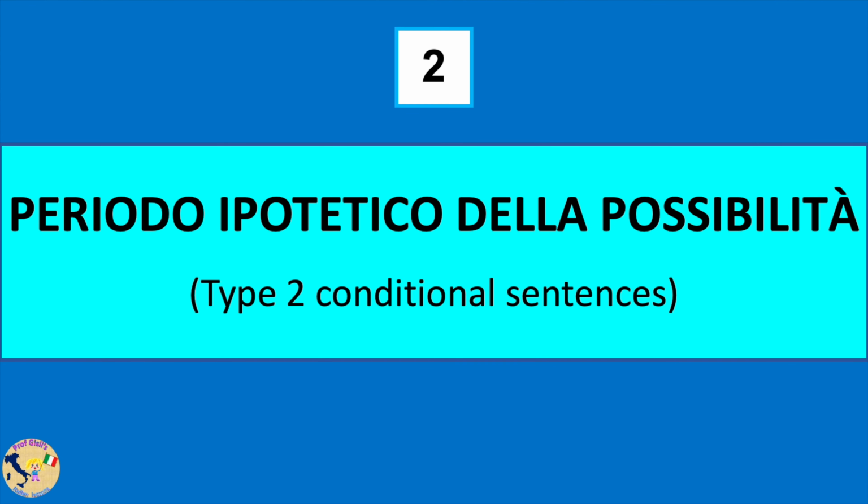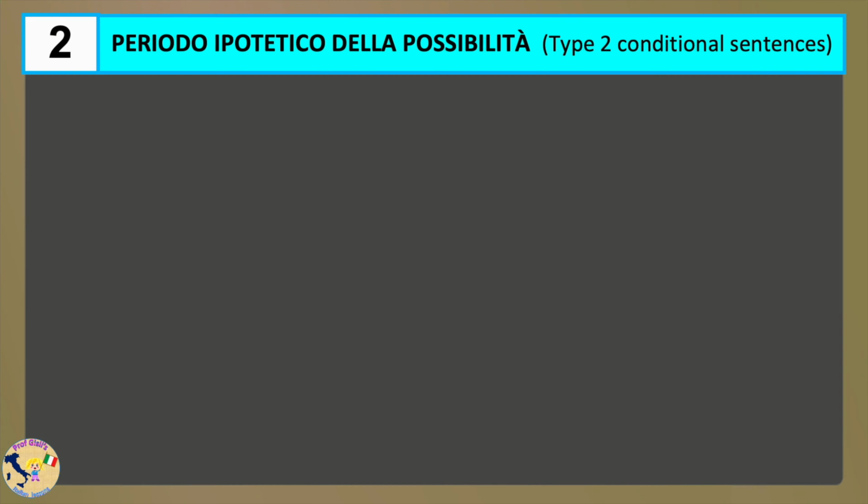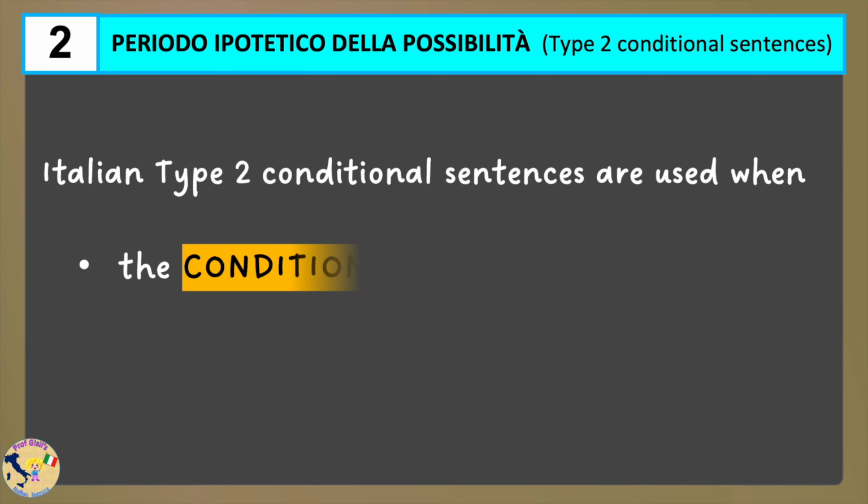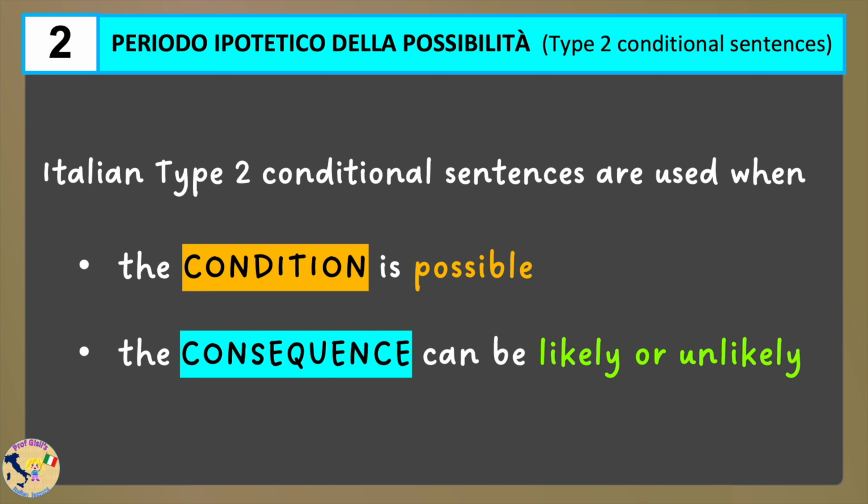Periodo ipotetico della possibilità. Italian type 2 conditional sentences are used when the condition is possible, but the consequence can be likely or unlikely. It might or might not happen.